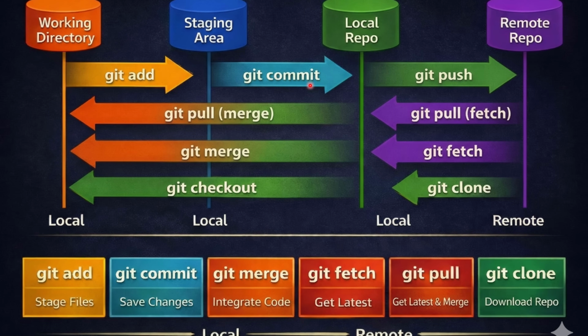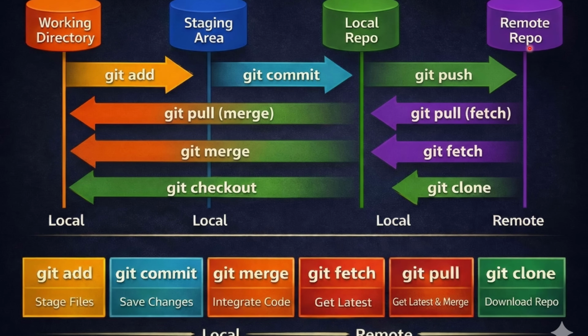Now in this scenario so far, we started with 10 files. We are still working on 5 files, which are still in your working directory, and the 5 files that were ready, you moved from the working directory to the staging area, from staging to the local repository, and from local you pushed them to the remote repository.